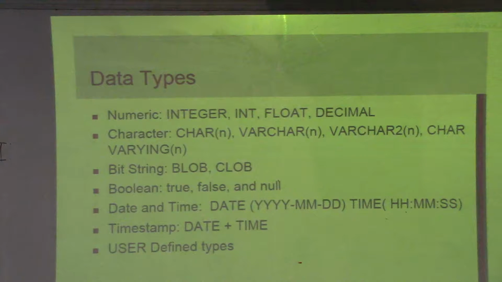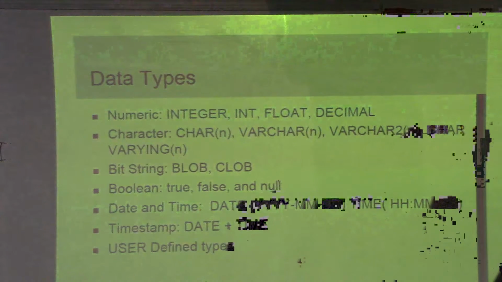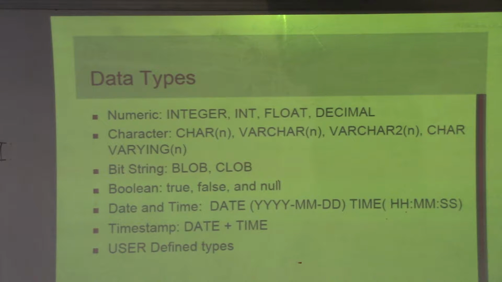So, which language do you prefer? Java is an object-oriented language, right? It's based on the OOP concept, right? So you can define your class as a data type. So you don't have to worry too much when you make the structure of your data. What about the relational database?